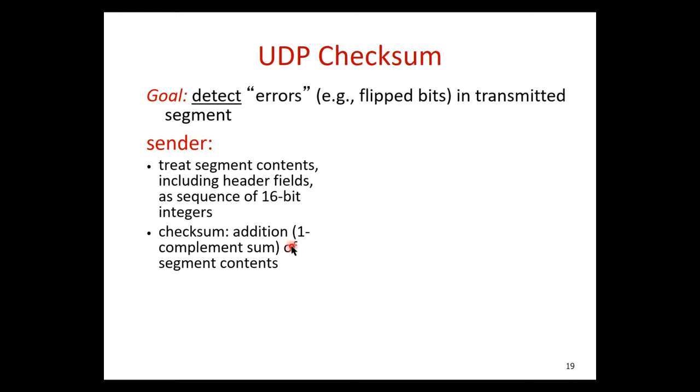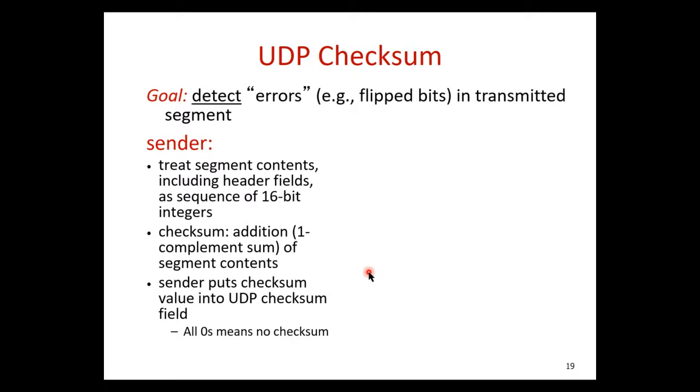Then I perform an addition of these 16-bit integers, using one's complement sum, which is a specific type of arithmetic, but conceptually it's an addition. Then the sender will put the result of the addition into the field called checksum.